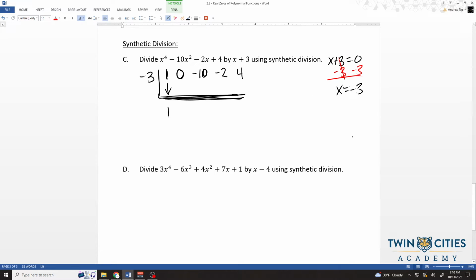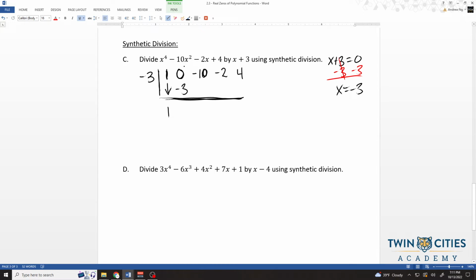All right, now that I'm set up, I can actually do synthetic division, which ironically doesn't use a whole lot of division. The two steps that I have are to multiply diagonally, and then the second step is to add straight down. So negative 3 times 1 is going to make negative 3.